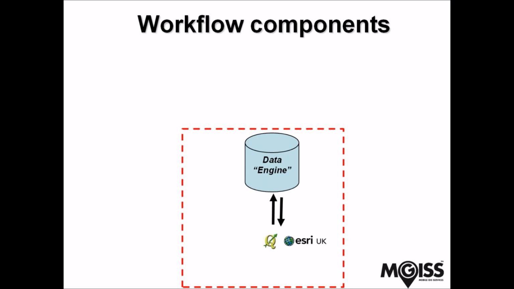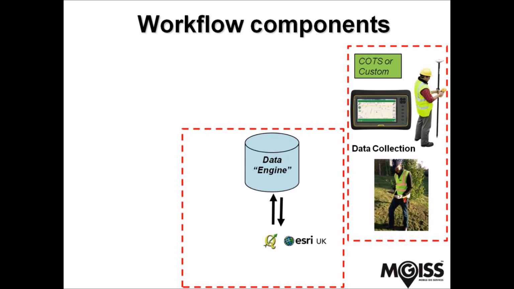One of the things we always start with when we do consultancy for people, or when we're building a solution, is making sure that the architecture and the database structure is meeting the needs of those end users. When we then look at data capture or data collection, we always promote the use of the best available technology.